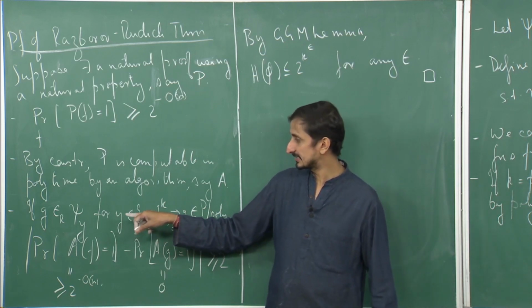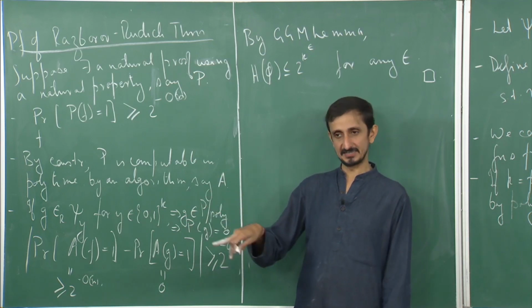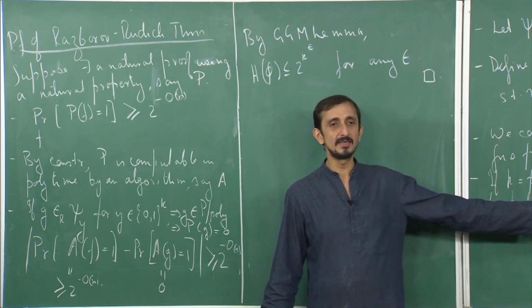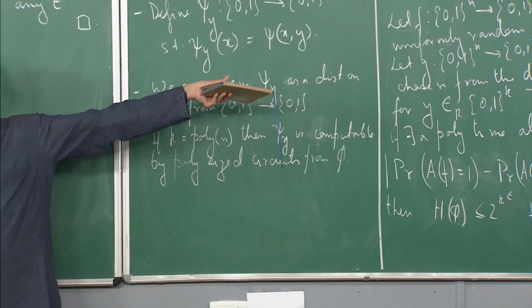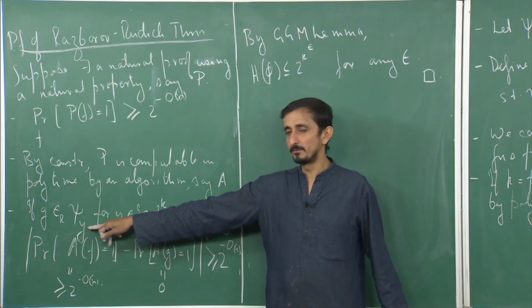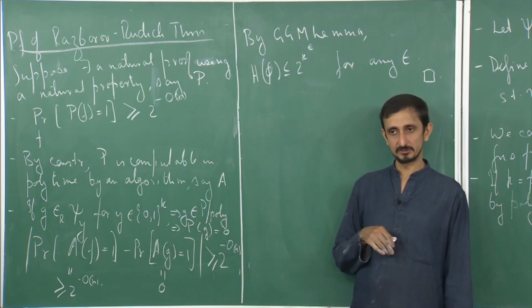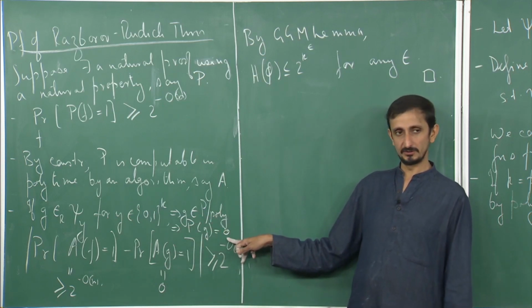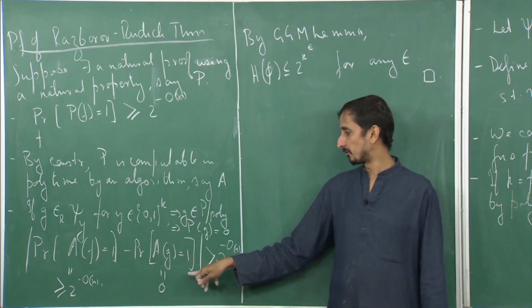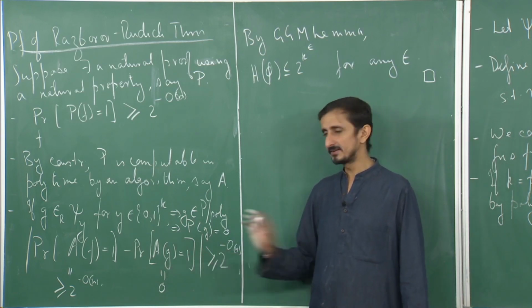Because this phi that we have, if you look at again the statement, phi is in P/poly, and from phi we argued that psi y can actually be constructed by polynomial size circuits. So therefore psi y is constructible by polynomial size circuits, which puts G in P/poly, and therefore P of G is equal to 0. So the algorithm that we have for P will always output 0 on G. So the probability that it is equal to 1 is 0.